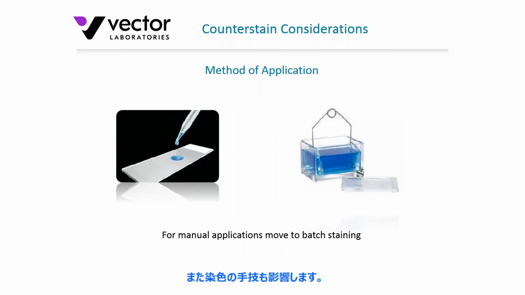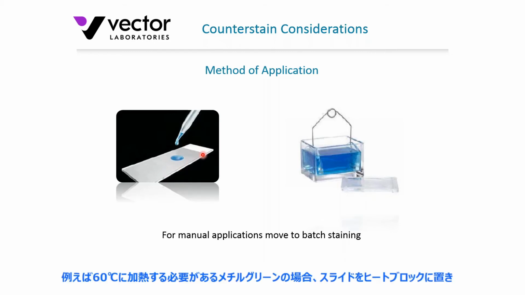The method of application certainly does factor in as well. And what I've got here on the left-hand side is a slide, just showing a manual application here. I'd say this is particularly important for counterstains that do require heating. Example here is methyl green.